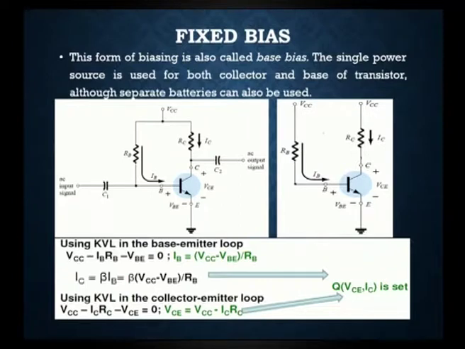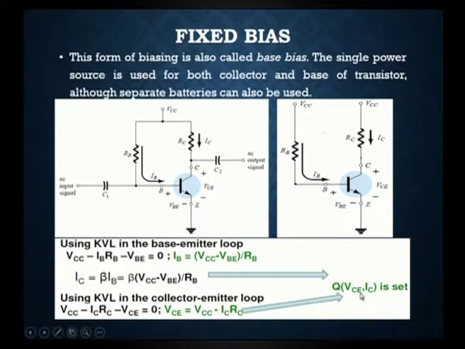The input current helps us find IB, and from it the output current IC, and we also got the output voltage. From the output current and output voltage we can set the operating point or Q point.